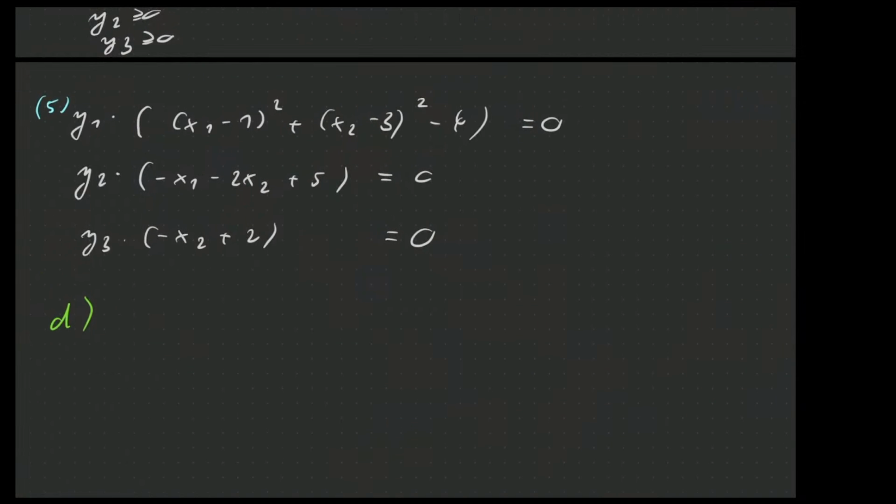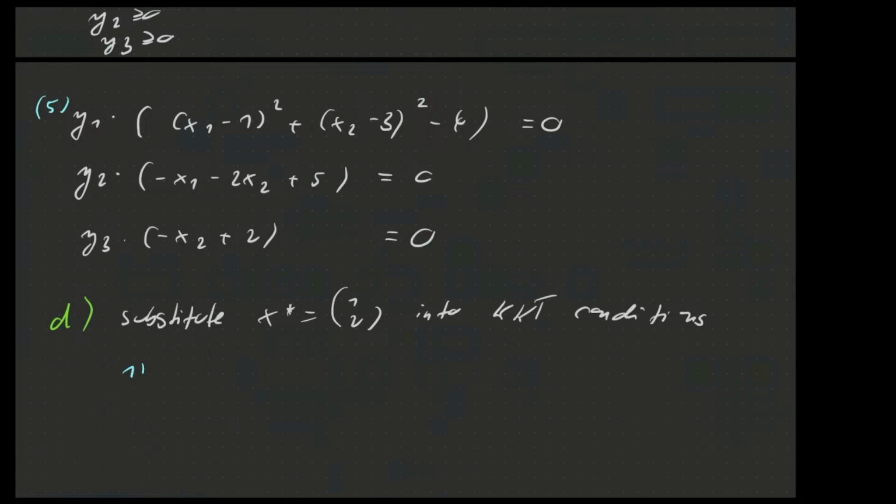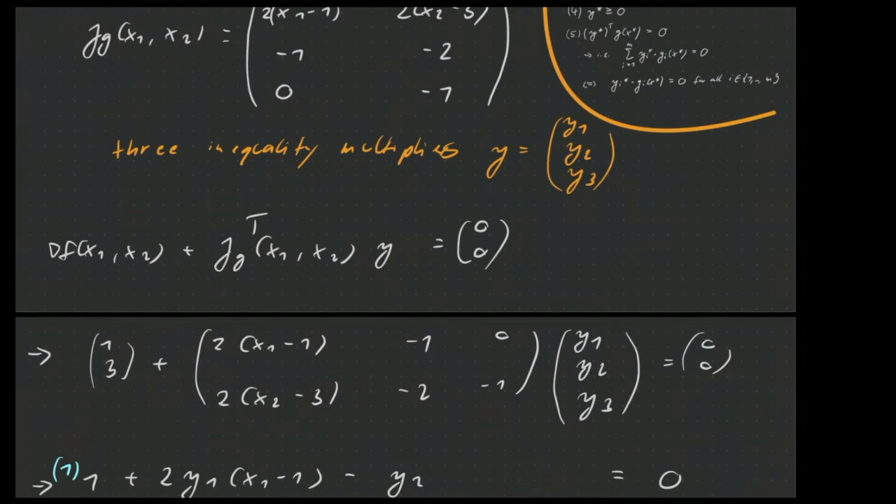So we take that point. We substitute x star, that was 1, 2, into the KKT conditions. And it was this 1 to 5 from C. Well, what do we have to do here?